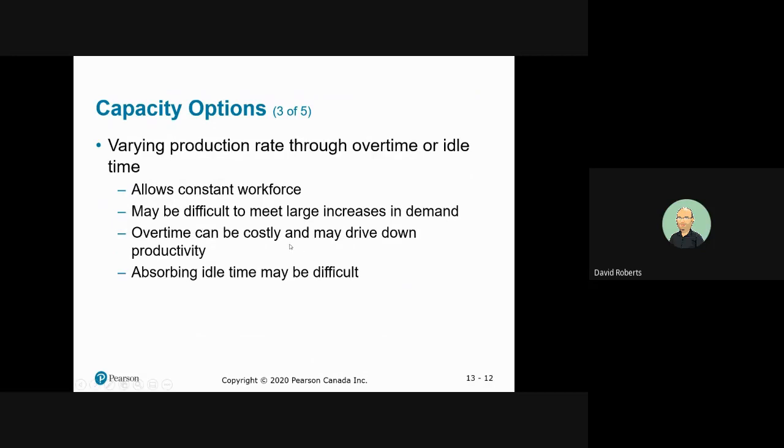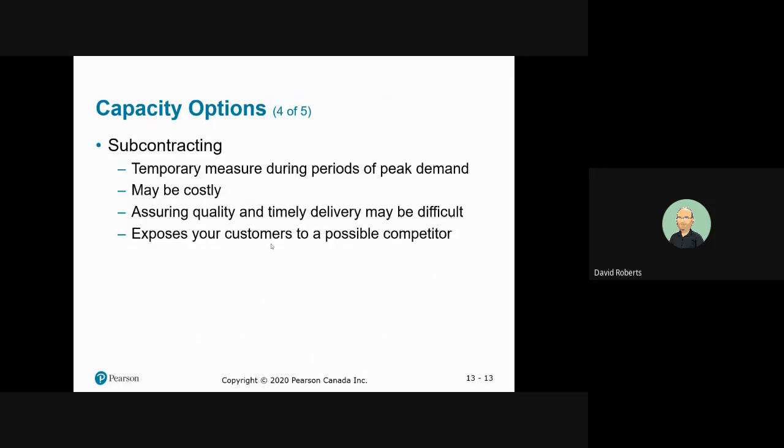Capacity operations options: varying production rate through time through idle time, and perhaps some overtime. Subcontracting. All of the schools that I teach at use the same methodology. They have a certain amount of faculty who are full-time permanent positions.